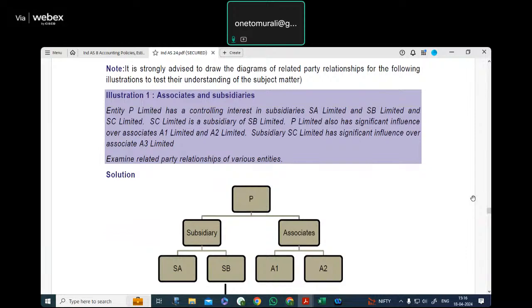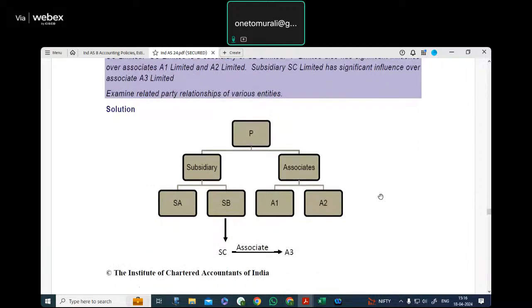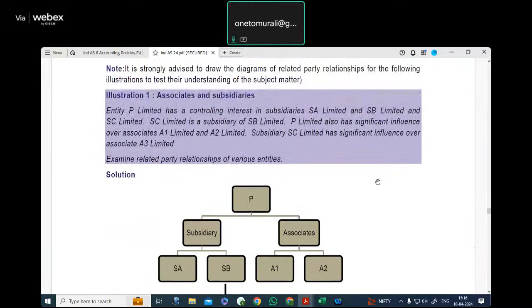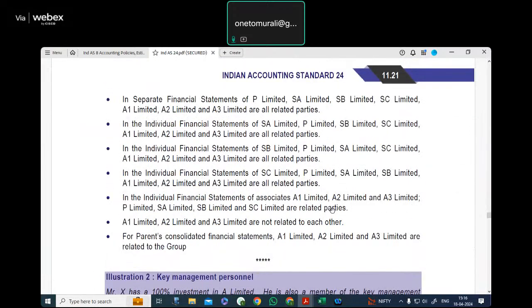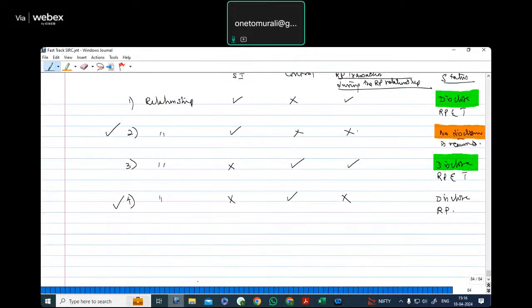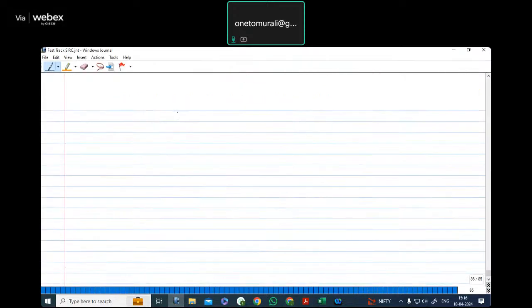Examine the related party relationship. We are expected to put them into a form of matrix, and through the matrix we should be in a position to answer this question.